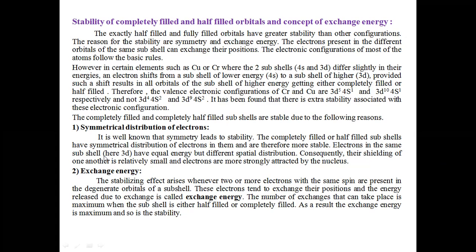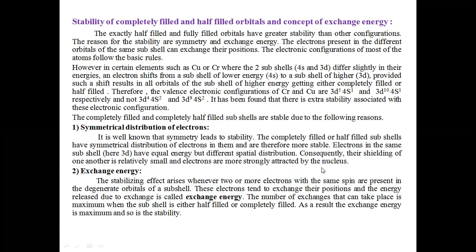Electrons in the same subshell, here we are talking about the 3d subshell, have equal energy but different spatial arrangement. Consequently, their shielding of one another is relatively small, and the electrons are more strongly attracted by the nucleus.